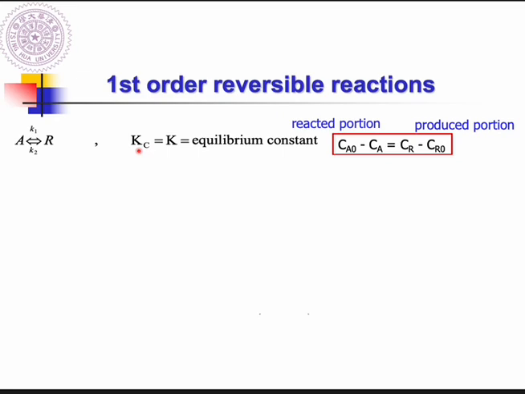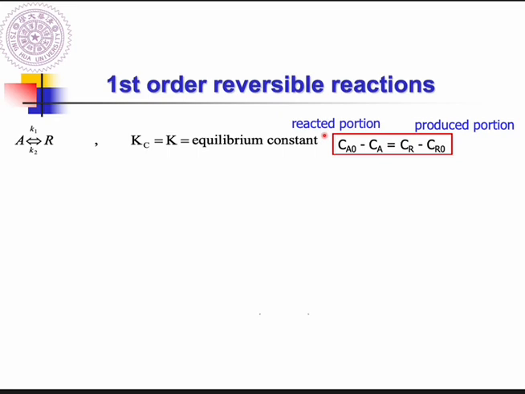Under that kind of situation, the equilibrium constant Kc equals K1 divided by K2. And the other information I want to show you is that Ca0, the initial concentration of reactant A, minus Ca, the remaining concentration of reactant A, is equal to what?